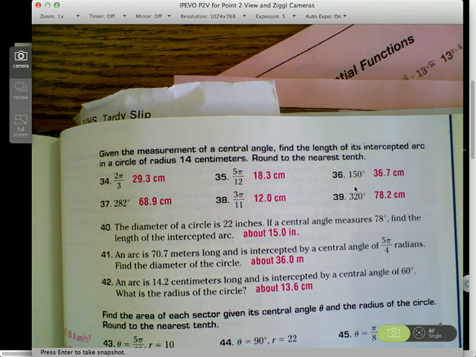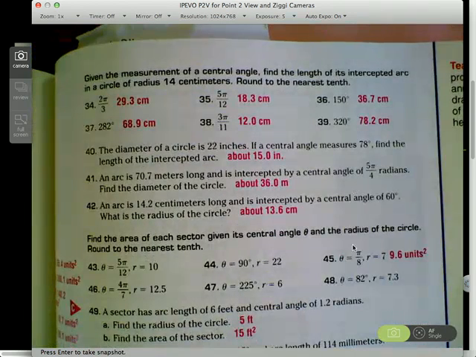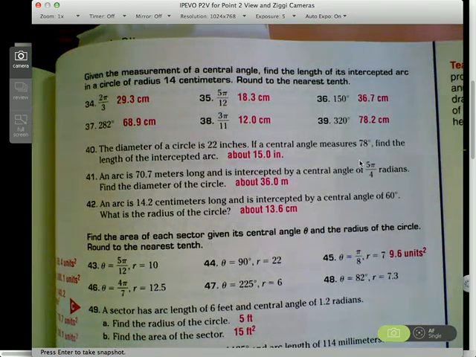Touche. So, and then let's see. Was there another question down here? Did you want to do an area of a sector problem? What do you got for me? Did we have this word problem? An arc 7.7 meters long. But here they gave you the arc length and they wanted the diameter.